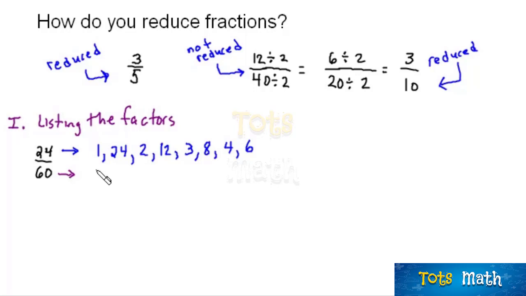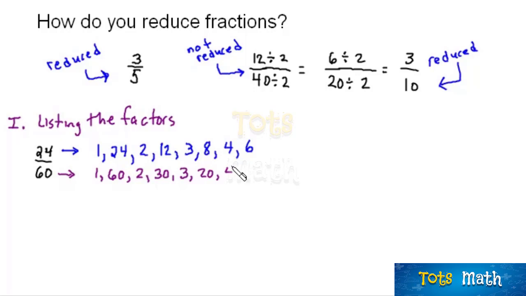Well, again, 1 is a factor of every number, and this time its partner is 60. It's even, so 2 is a factor, and 2 times 30 is 60. 60 is divisible by 3, and its partner is 20.